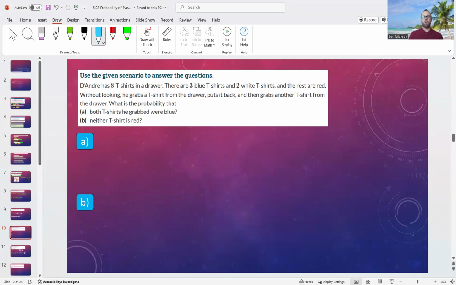Interesting. Are these independent events? Yes, because why? He put it back, right? With replacement, puts it back. So we want to know the probability that what? Both shirts were blue. So blue, these are independent. So we multiply times probability of blue.